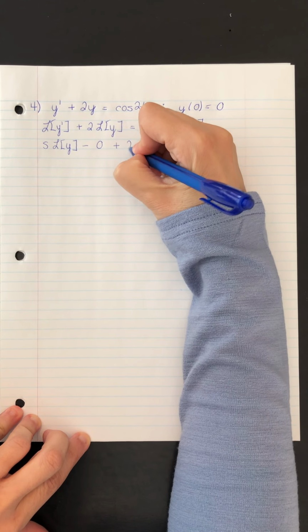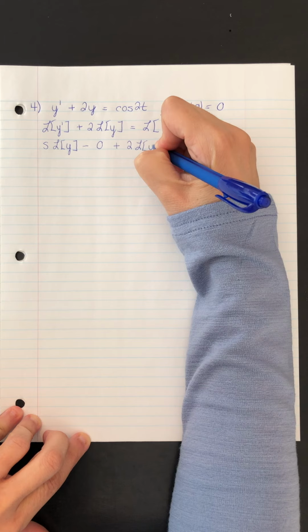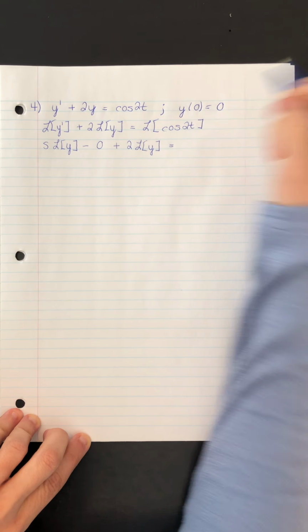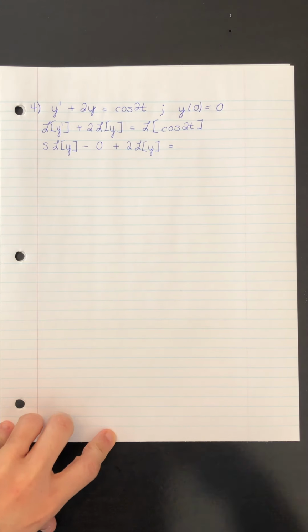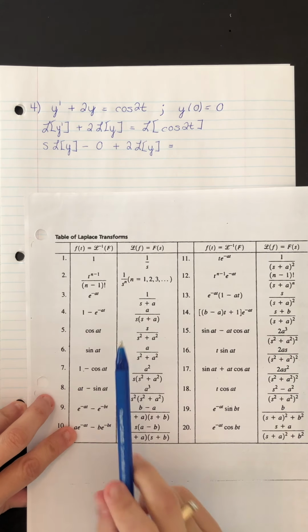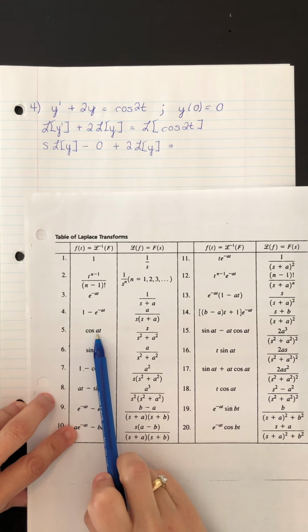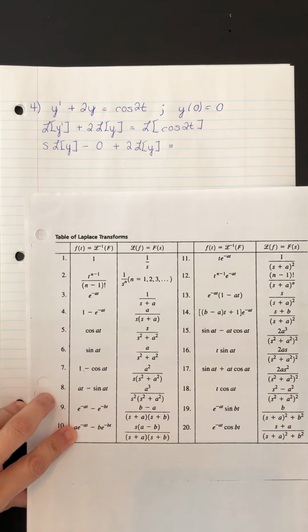Then we have plus 2 times the Laplace transform of y equals, and now we'll take the transform of the cosine of 2t. We're using number 5 with a is 2.